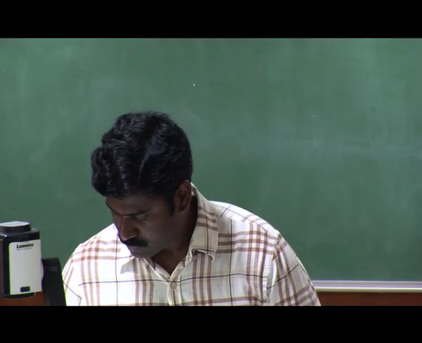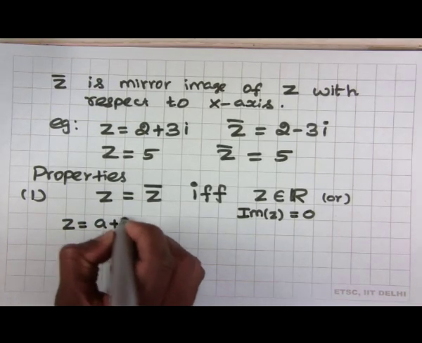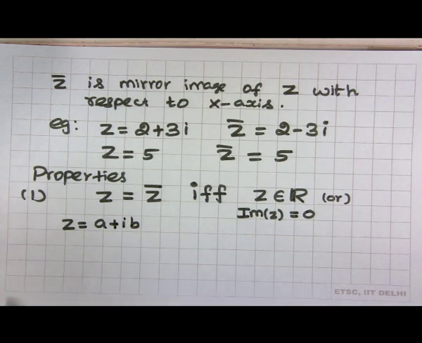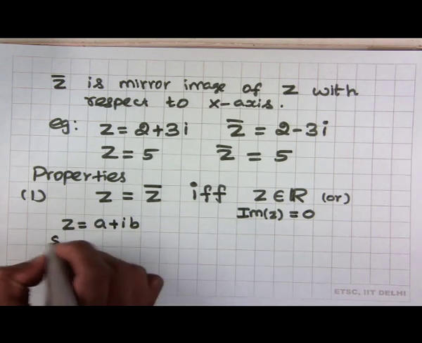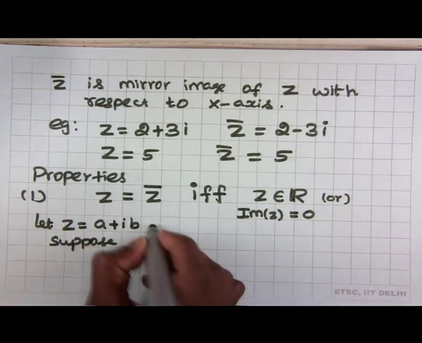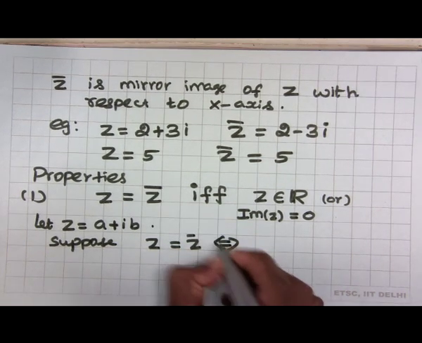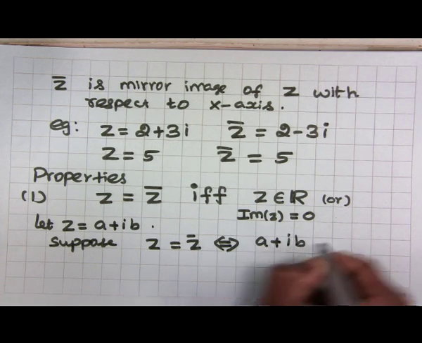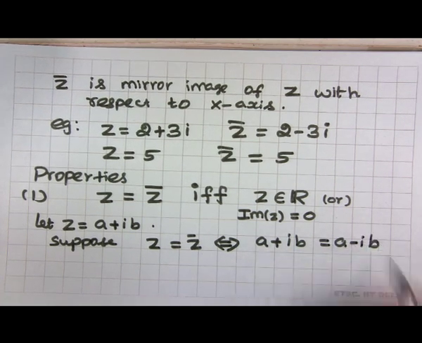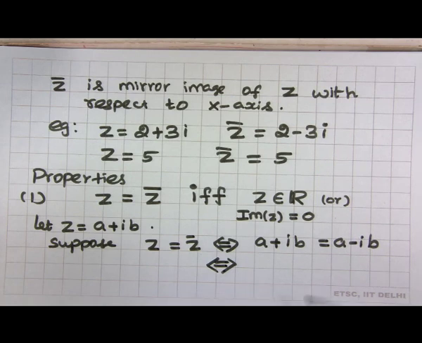So, if z is a plus ib, then suppose z equal to z bar, what does it mean? It means that a plus ib is a minus ib. Then it is immediately clear that, since we are demanding two complex numbers to be equal, the components must be the same.